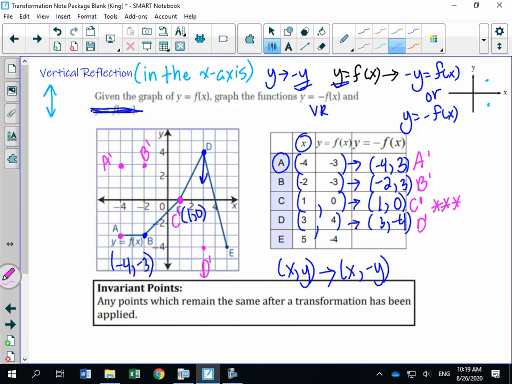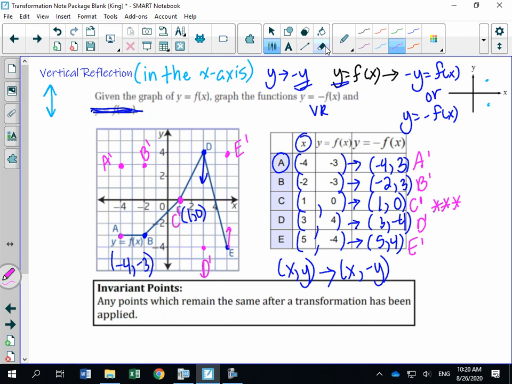E is right here. So it's at 5 comma negative 4. The new coordinate is going to be 5 comma 4, and that is going to be E prime. This guy bounces up, right? So it's going to go from negative 4 to 4. So that's going to be my E prime.